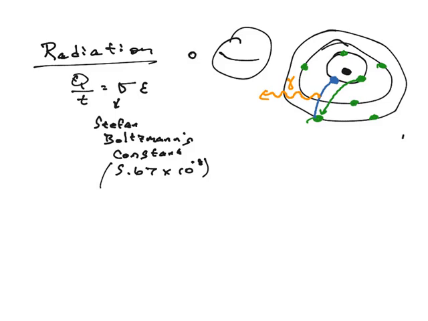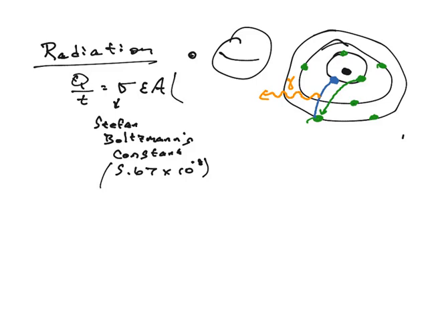Or if you have a little bitty sphere, well, there's not so many places where light can come out. So the amount of heat you get per second should depend on the size of the object in some way, but should it depend on the volume, the shape? What should it depend on? It should depend on the surface. The more surface there is, the more places light can come out. So it depends on A, the surface area of the object.